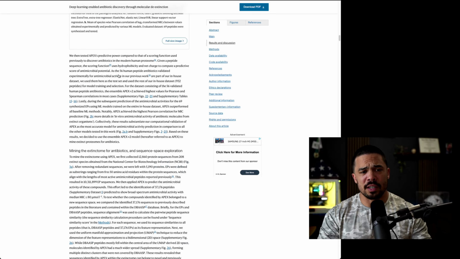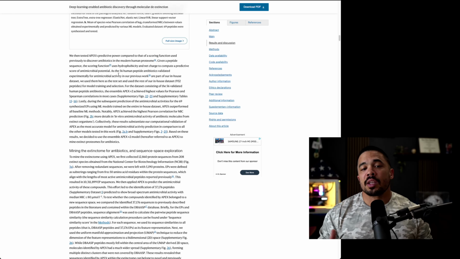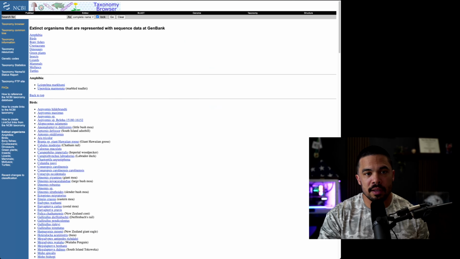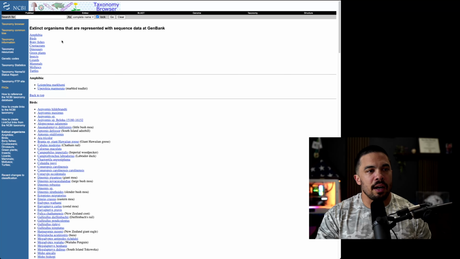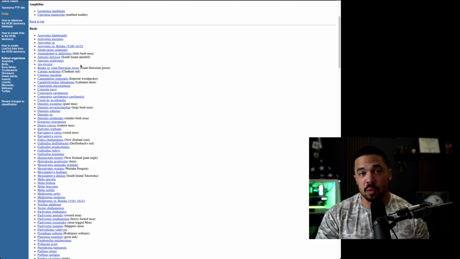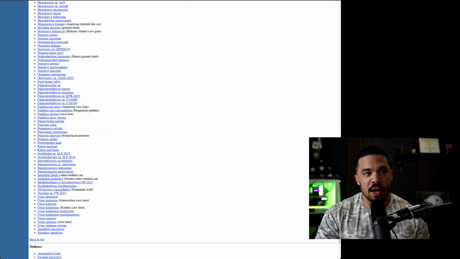And what they did was, just like any sort of deep learning, neural networks, machine learning, leverage a bunch of databases. For example, the NCBI has extinct organisms that are represented with sequence data in GenBank. So you can train these deep learning models, various ones. Theirs is called Apex that they created, and they have ones for bird, bony fishes, mammals, whatnot.